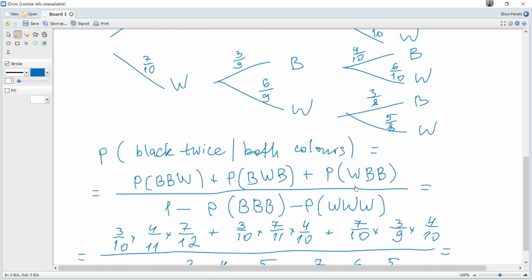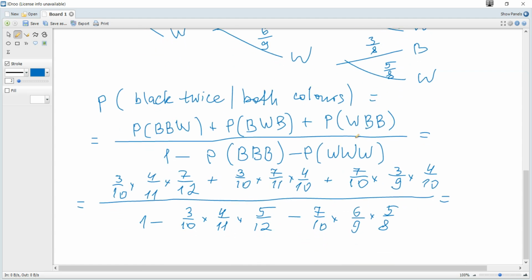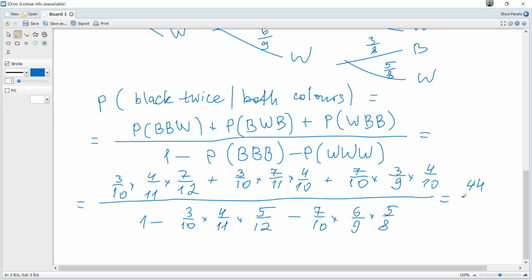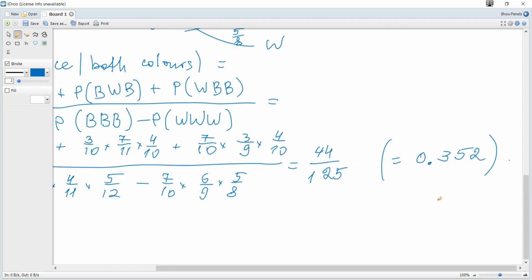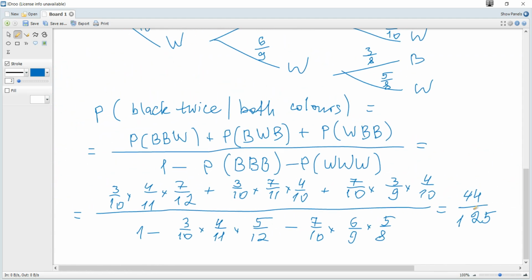And it is equal to, just using a calculator, 44 over 125, or 0.352 to 3 significant figures. And that's all for this question.